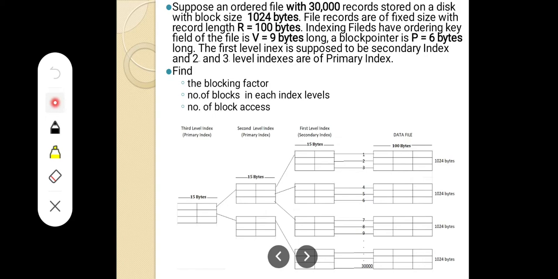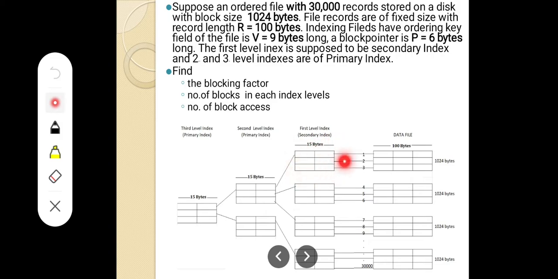So our data file has 30,000 records, like 1, 2, 3, 4, 5, 6, 7, 8, 9 up to 30,000. Clear? And block size is 1024. Each block is of size 1024.